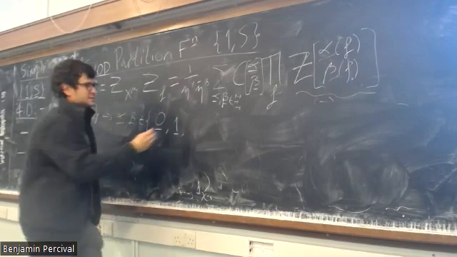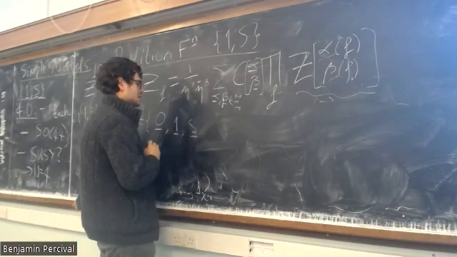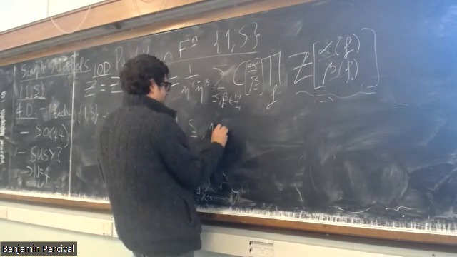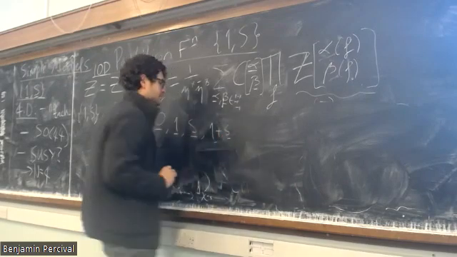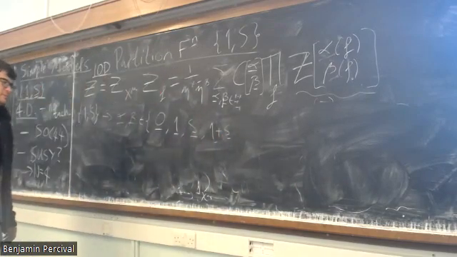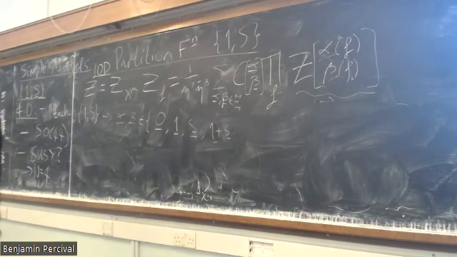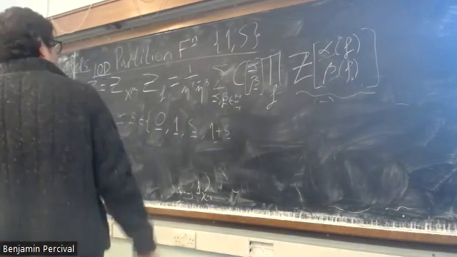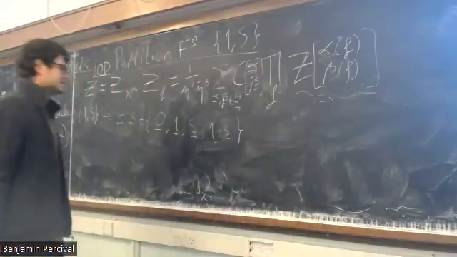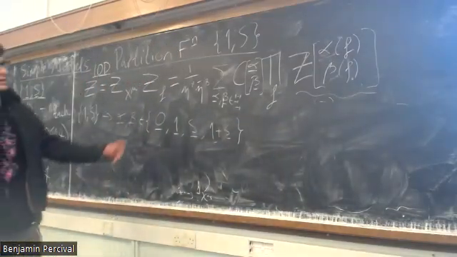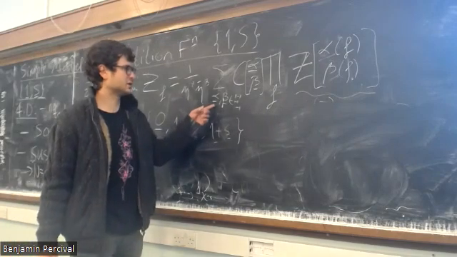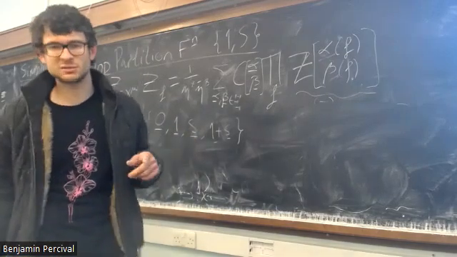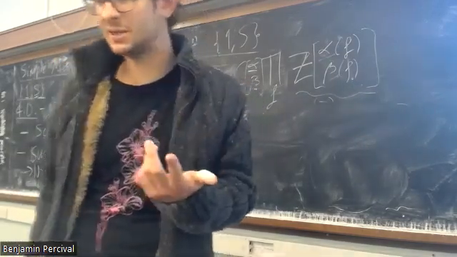Then you've got S. Then you've got 1 plus F. And that's it. So you've got 4 sectors. This sum is going to sum over all the possibilities of these 4 sectors. So I think there's going to be 4 times 4, 16 terms.